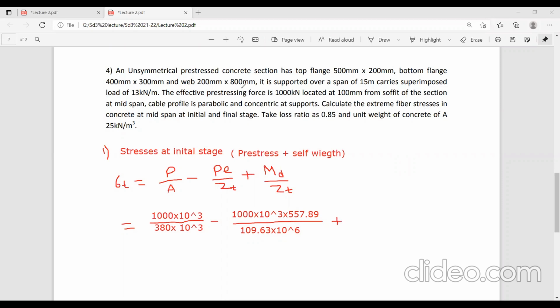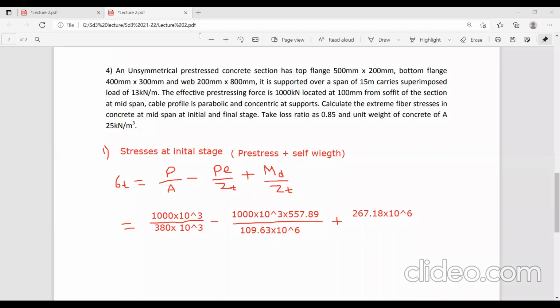Then next plus moment due to dead load. Moment due to dead load we have calculated, 267.18 into 10 raised to 6. This one is in kilonewton meter, so convert it to Newton mm.